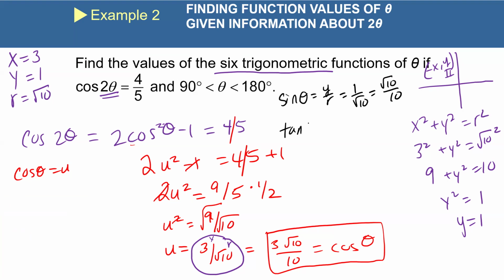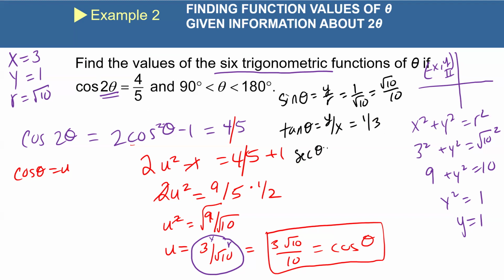Now tan theta equals y over x. What is our y? 1. And what is our x? Are we done? Yes. Now we're on to secant and cosecant, right?